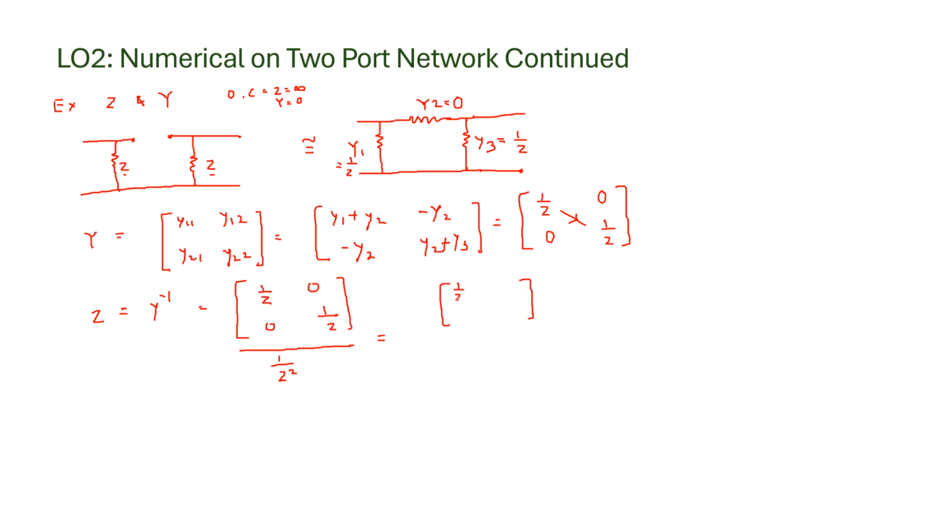This is 1 by z divided by 1 by z square, so it will be z square by 1, and the off-diagonal is 0, and this is again 1 by z into z square. So this will be z, 0, 0, and z.